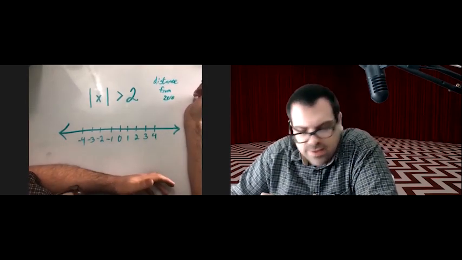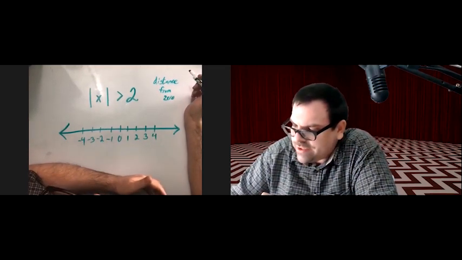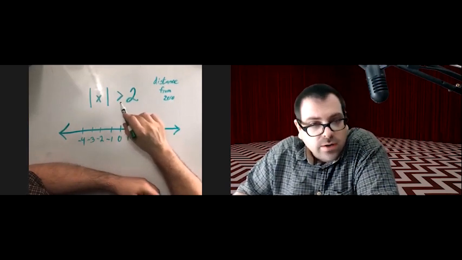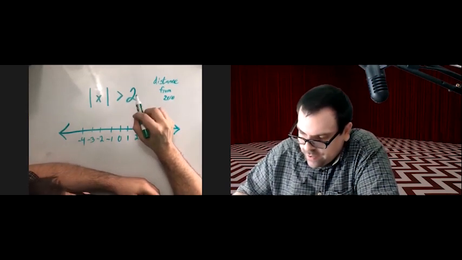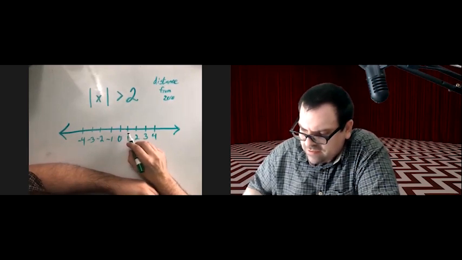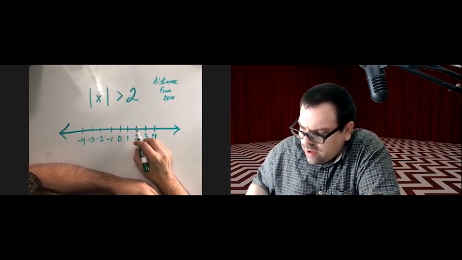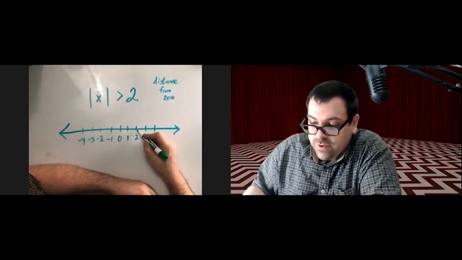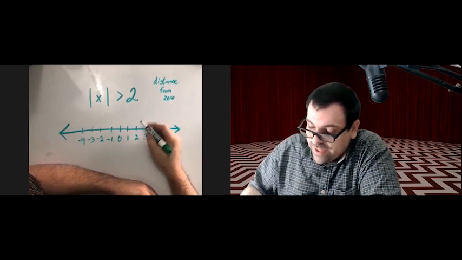So we would be shading things where the distance from 0, the absolute value, is more than 2. So here, the distance from 0 is less than 1. It's less than 2. But here the distance starts being greater than, but at 2 itself, the distance would be equal to 2, and that doesn't work.